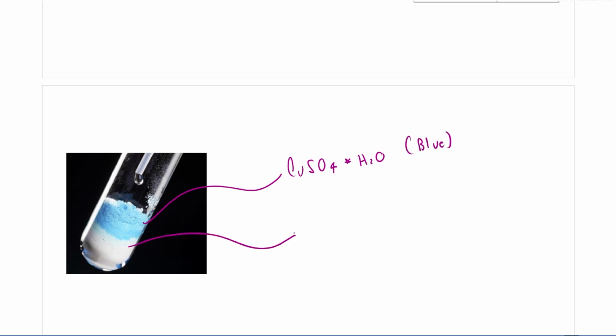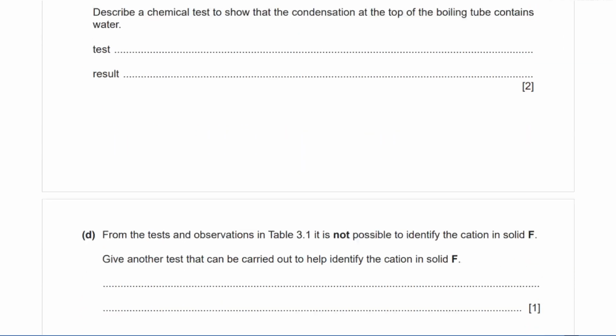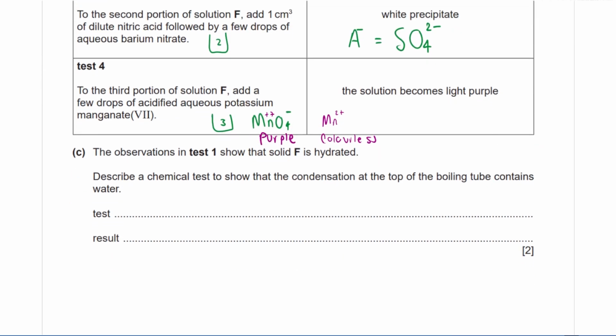But when it doesn't have water, it is white. So please remember, this is the test for water. Always remember that. We also have another option, which is cobalt chloride, but normally let's try to use this one. It's easier.